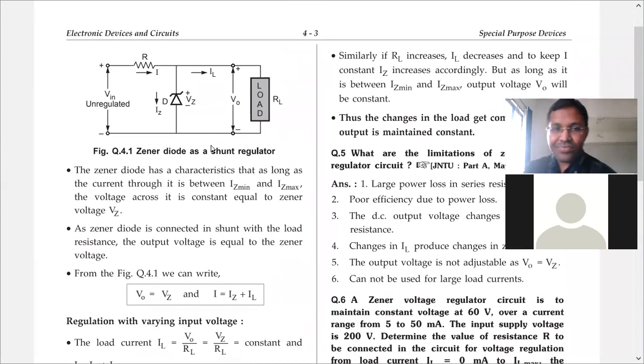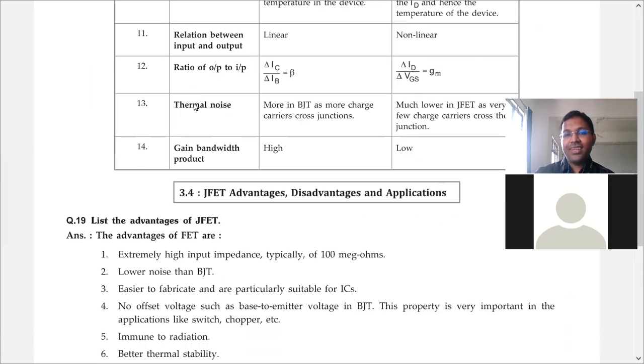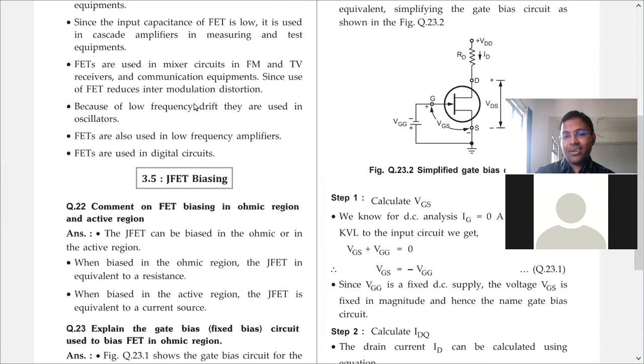Now here, Vz, is it constant or varying? This is the main point of our discussion. Constant, very good. So Vz is constant.